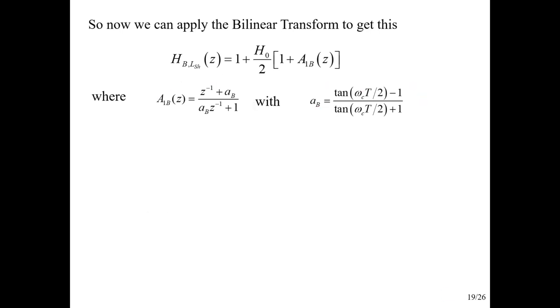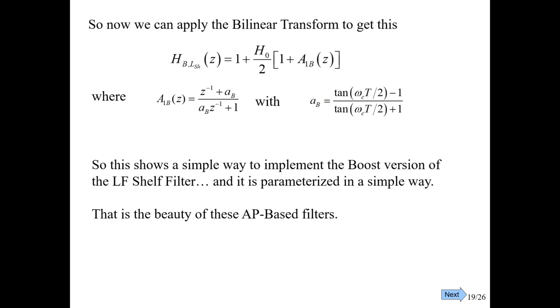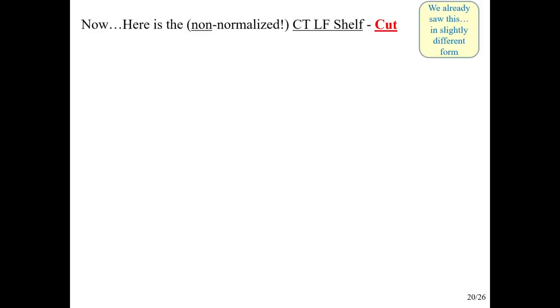Okay, so we have that. And this is a very simple way to implement the boost version, but we're going to see how nice it is that we can just switch back and forth between boost and cut in a very simple way, and that's one of the beautiful parts of using all pass filters here.